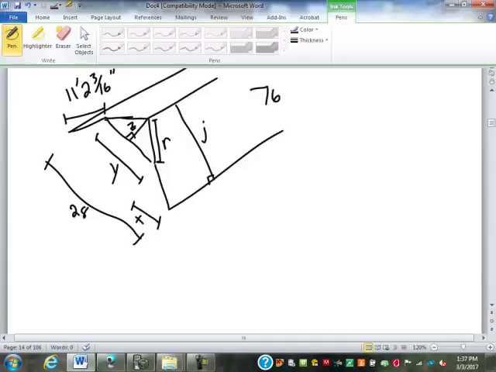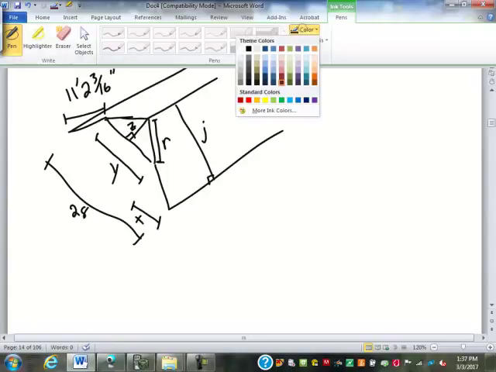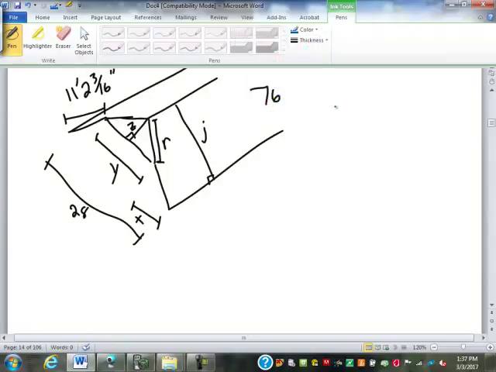We need to find J, R, Z, X, and Y. I'm going to start by finding J. How do I find J? The common is still a triangle.